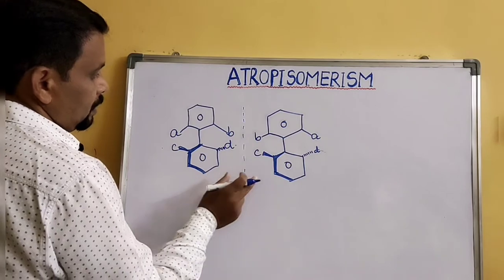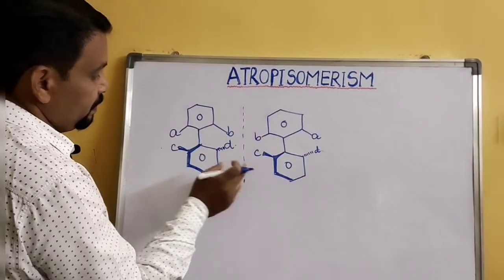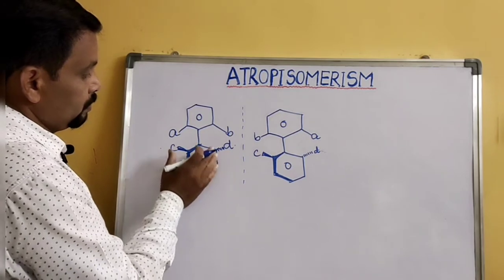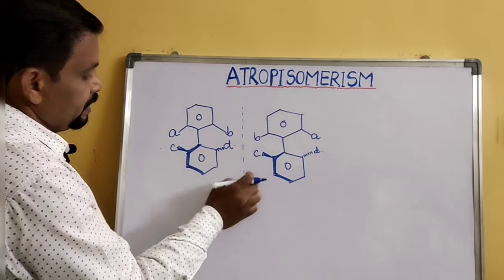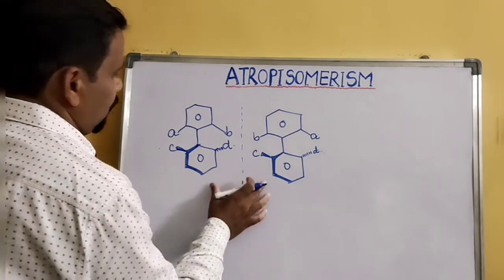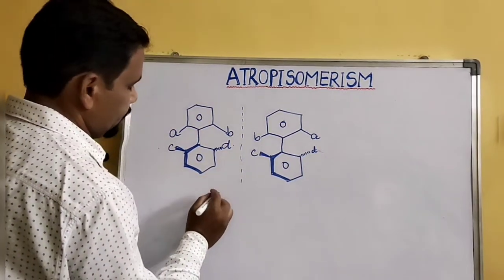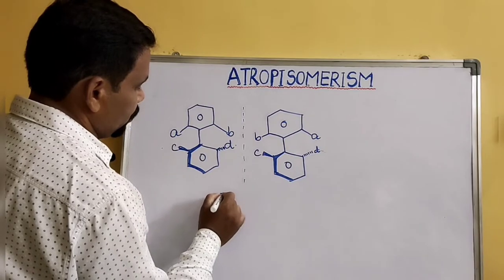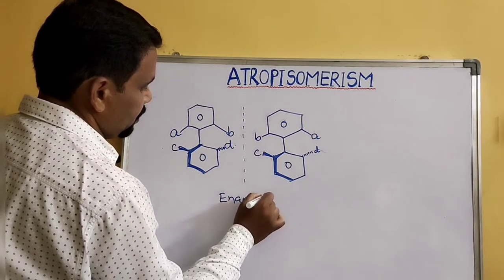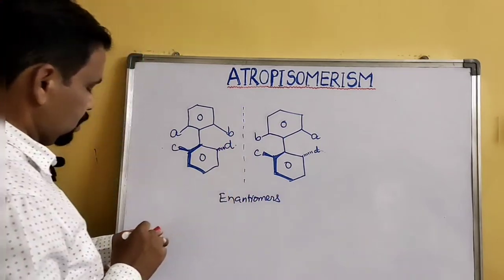Observe, so this is the mirror image of this one, and these compounds can be called enantiomers.